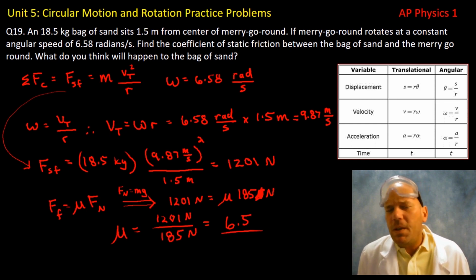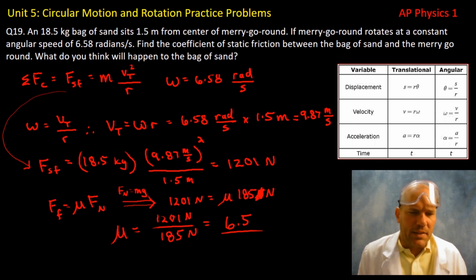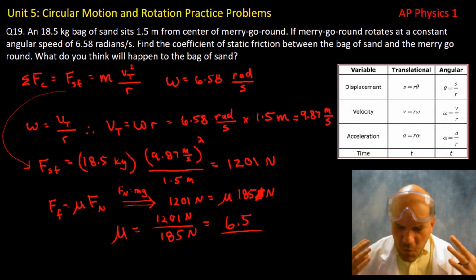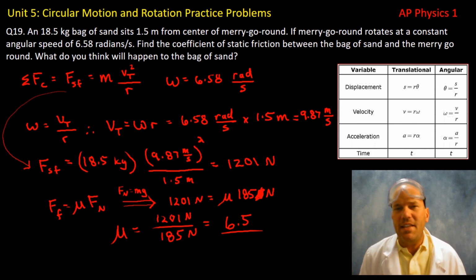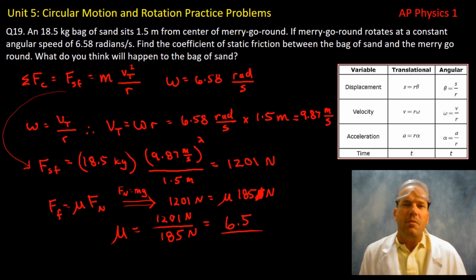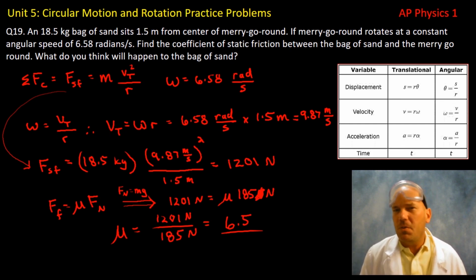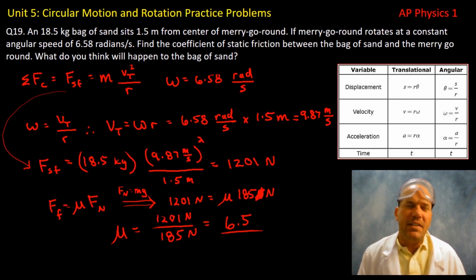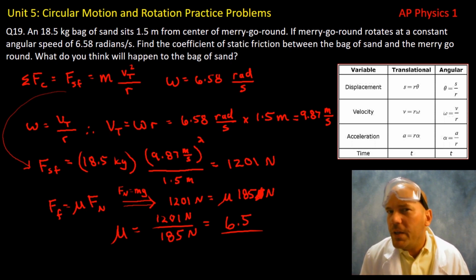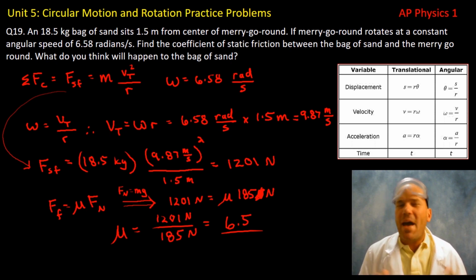So we're asked, what do you think will happen to the bag of sand? Well, you should immediately say that is a really, really ridiculously high value for mu. We've never talked about a value this high. In fact, rubber on concrete can have a maximum static friction of 4, according to some of the research I have done.